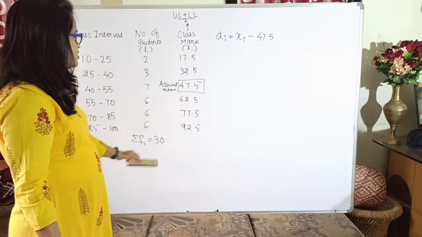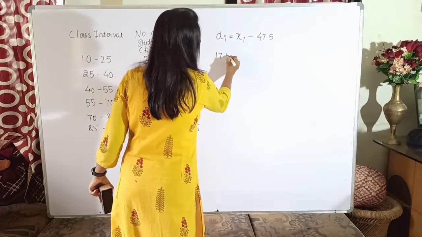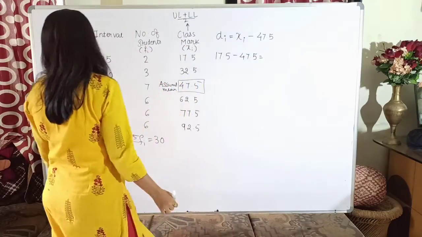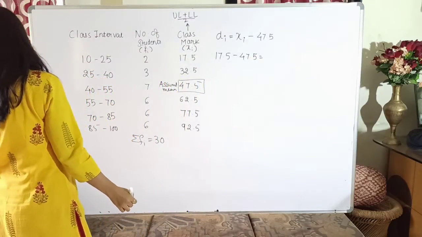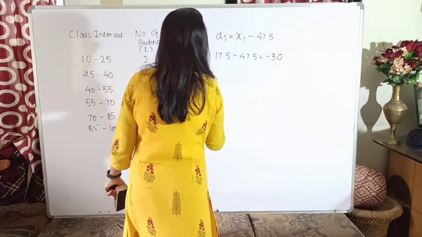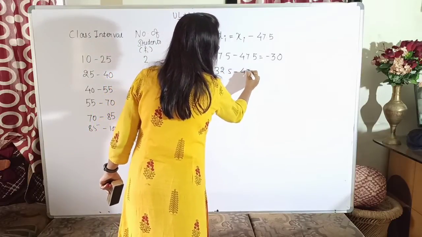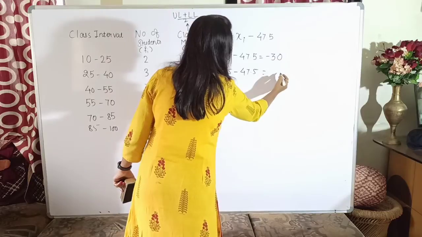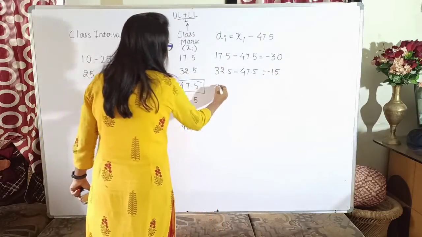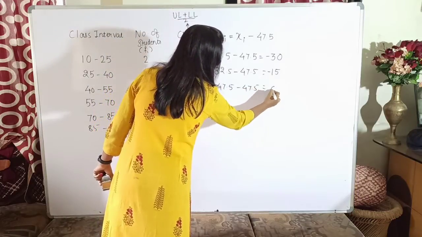Let us find the values. 17.5 minus 47.5 gives minus 30. Second one, 32.5 minus 47.5 gives minus 15. Third case, 47.5 minus 47.5 gives 0.